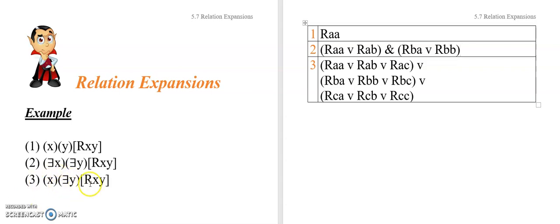Both A and B love at least one thing. So either A loves itself or it loves B, possibly both, and B loves itself or it loves A. Everything loves at least one thing. A loves at least one thing, that's this part. And B loves at least one thing, that's this part.